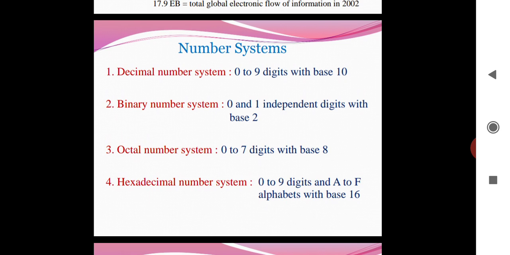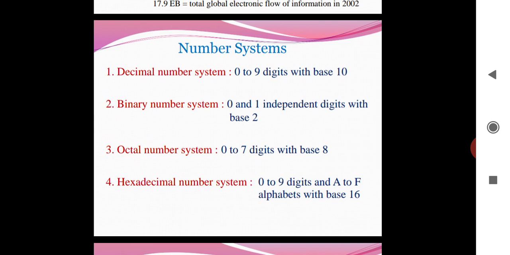The binary number system, which is useful in digital electronics, contains only two digits, that is 0 and 1. So it contains only 2 digits, therefore its base or radix is 2. The third number system is the octal number system, which contains 0 to 7 digits. Octa means 8, so 0 to 7 means a total of 8 digits, so its base or radix is 8.